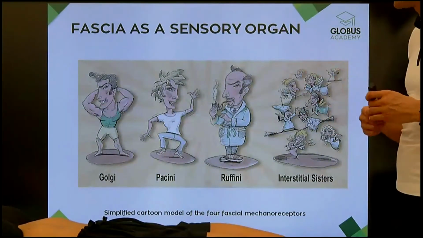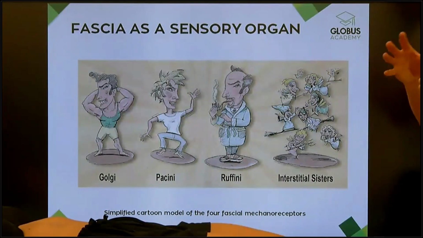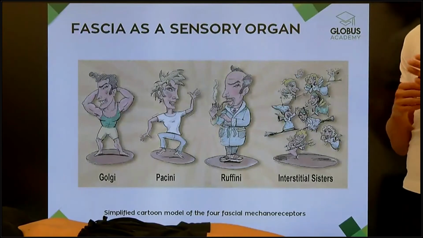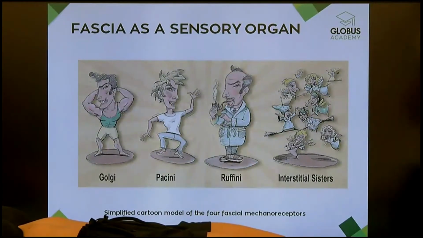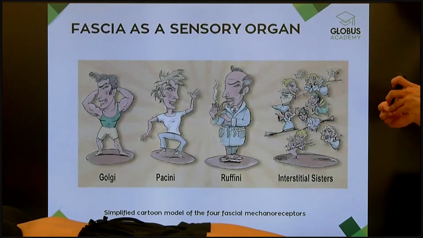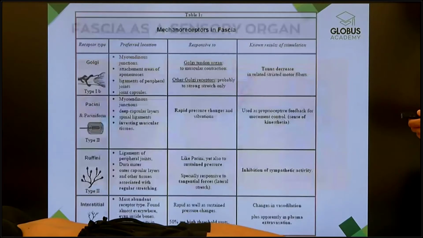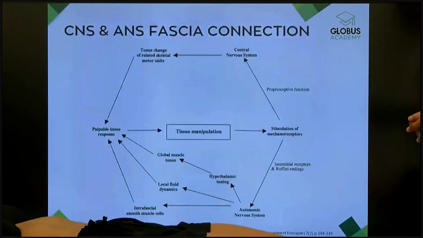Ruffini is a slow adapting receptor, quite important for the pressure information, and the interstitial receptors that are half slow adapting, half fast adapting, for pain, and also mechanoreceptor information. The fascia is really full of these mechanoreceptors.